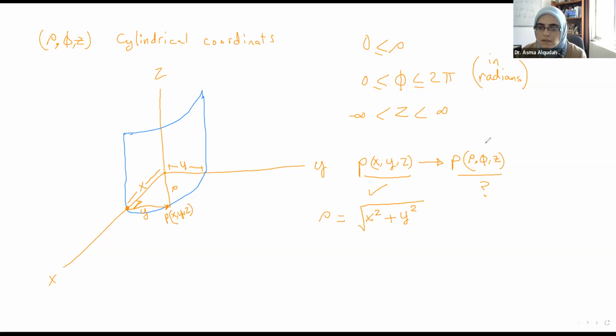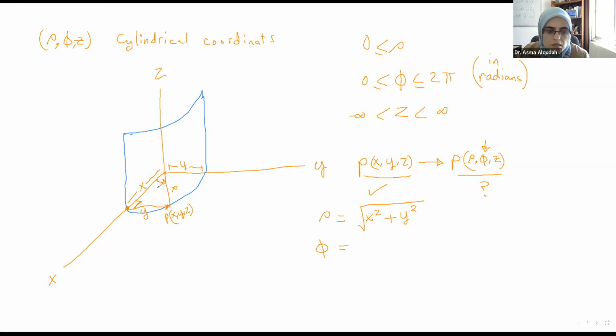Now we move to the next component, which is phi. We want to find phi using the x, y, and z of the point in the Cartesian space. So how do we find phi? This is phi. We measure it starting from the positive x-axis until we get to the line rho.